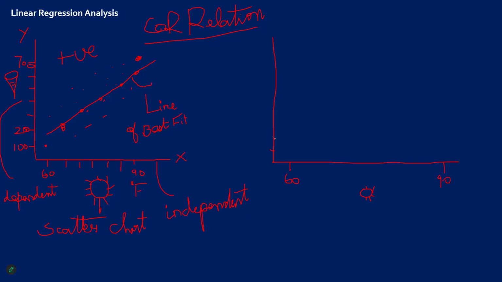And this time let's say we start at 100, 200, and so on, up to 700. So this time I want to compare the temperature, degrees Fahrenheit, with the sale of coffee.